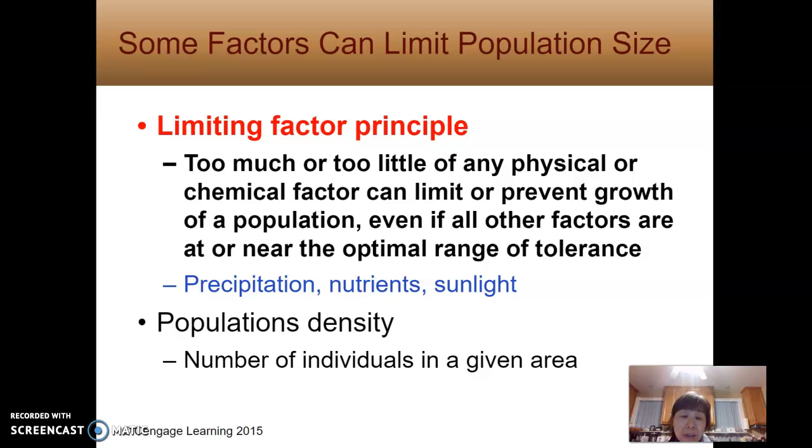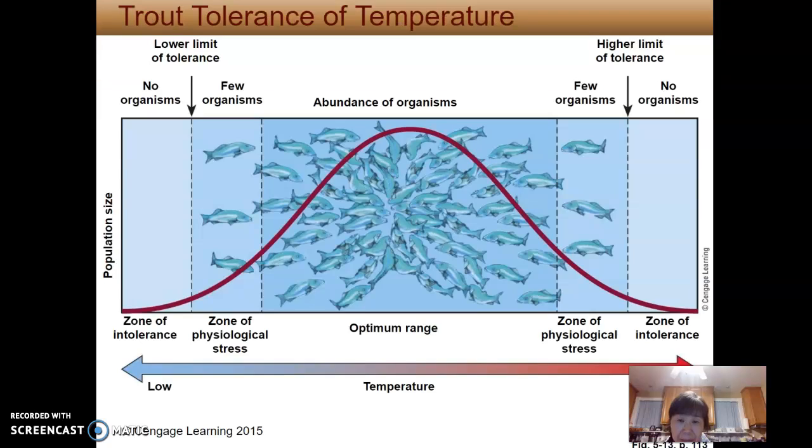So for example, if everything is great except nutrients are not good, then the nutrients become the limiting factor for the population growing. Or you have precipitation, you have nutrients, you have everything. However, you don't have sunlight, and then that sunlight would be a limiting factor for that plant to grow. Okay. And then population density, I believe you guys know.